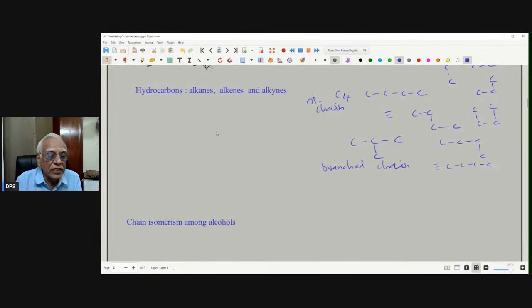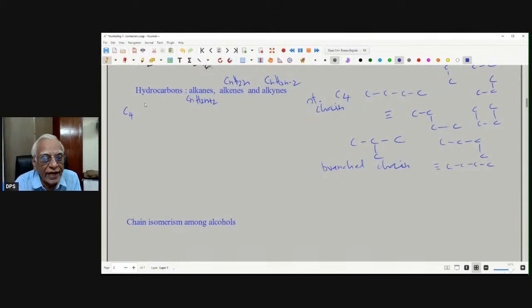Now, let us look at examples of alkanes having chain isomerism. As I told you, chain isomerism starts from C4. The general molecular formula of an alkane is CnH2n+2, alkene CnH2n, and alkynes CnH2n-2. You would have learnt it in 10th standard.